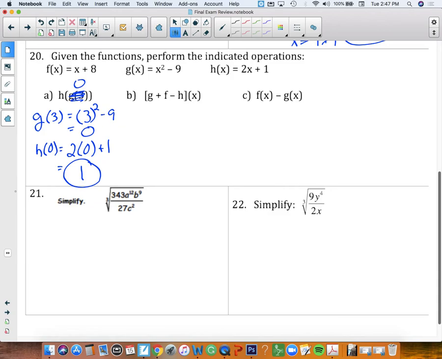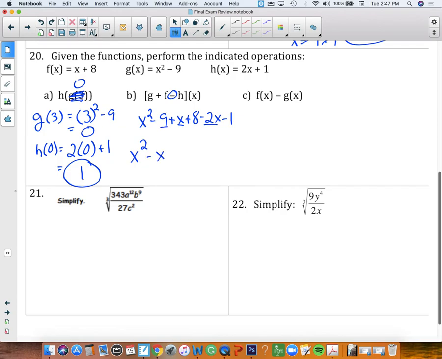And then we do g plus f minus h. So that means we're just kind of putting all the functions together. So g is this, f is this, and h, since that's a subtraction sign, you have to distribute it through there. You change the signs of everything there. Then you just add like terms. So x squared, I got an x minus 2x, so that's a negative x.